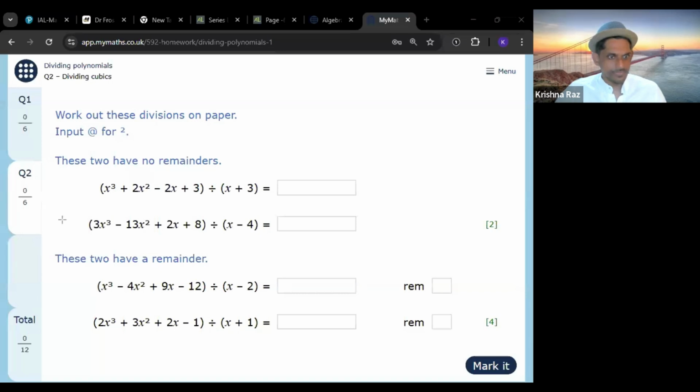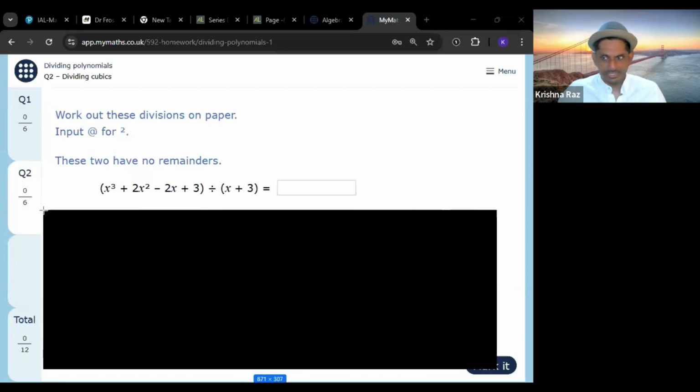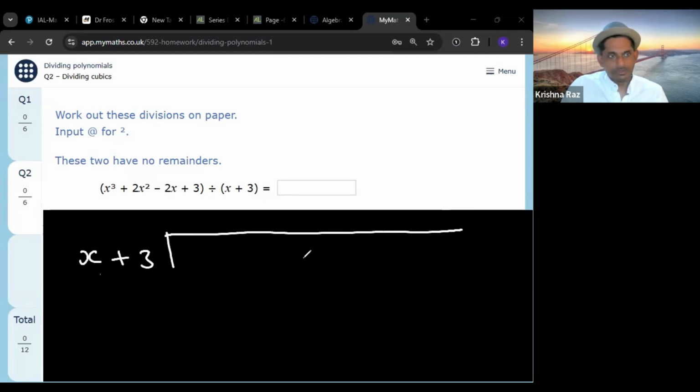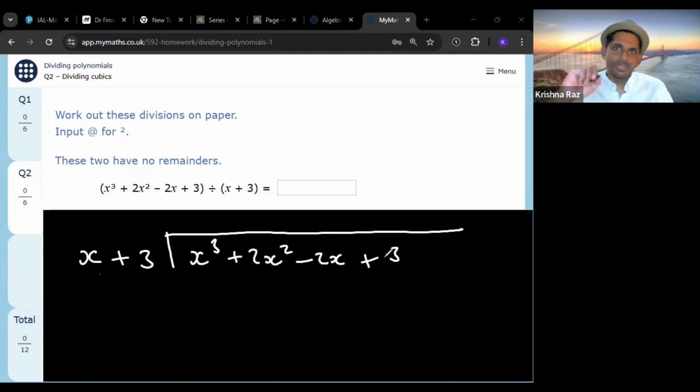Let's have a look at this first question. We're going to write our bus stop out: x plus 3 into x cubed plus 2x squared minus 2x plus 3. As before, we ask ourselves, how many x is going to x cubed?